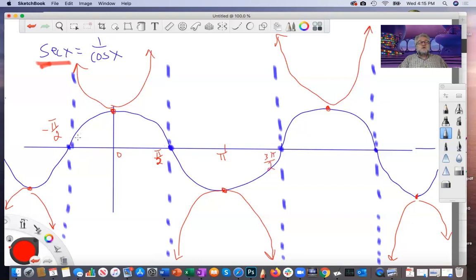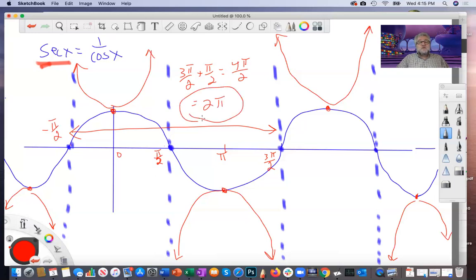So if I want to know the period, I need to know what that distance is. So it's 3 pi over 2 plus 1 more pi over 2, which equals 4 pi over 2, which equals 2 pi. So the period of secant and the period of cosecant are the same as their respective trig functions, cosine and sine. So this has a period of 2 pi.